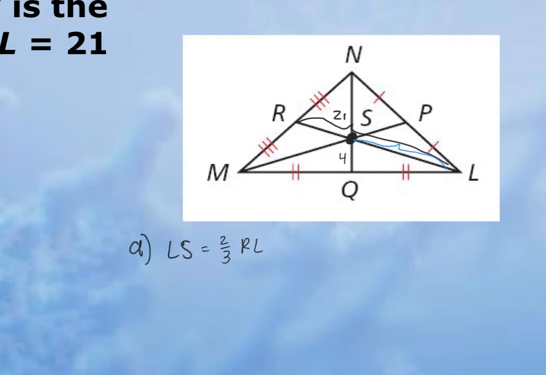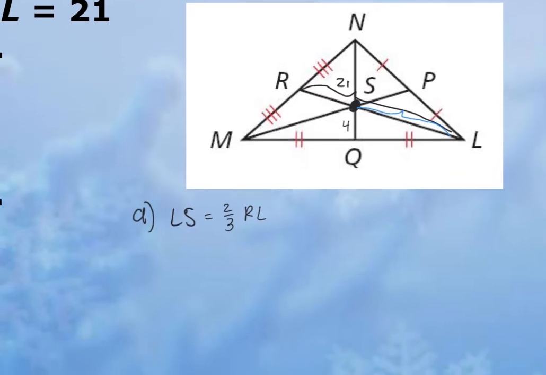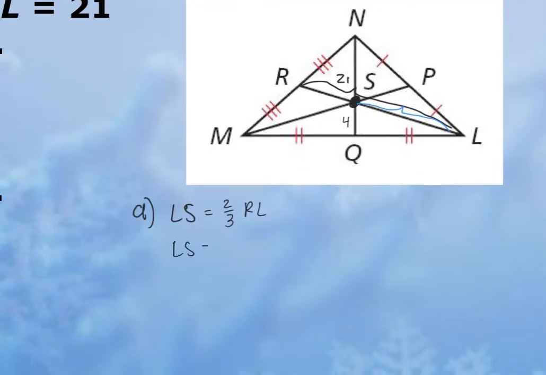RS would be 1/3 the length of RL. So we take 2/3 of RL, and we know RL is 21. So LS equals 2/3 times 21. Well, we can just do 2 times 21 over 3. This is going to give us 42 divided by 3, which should be 14.